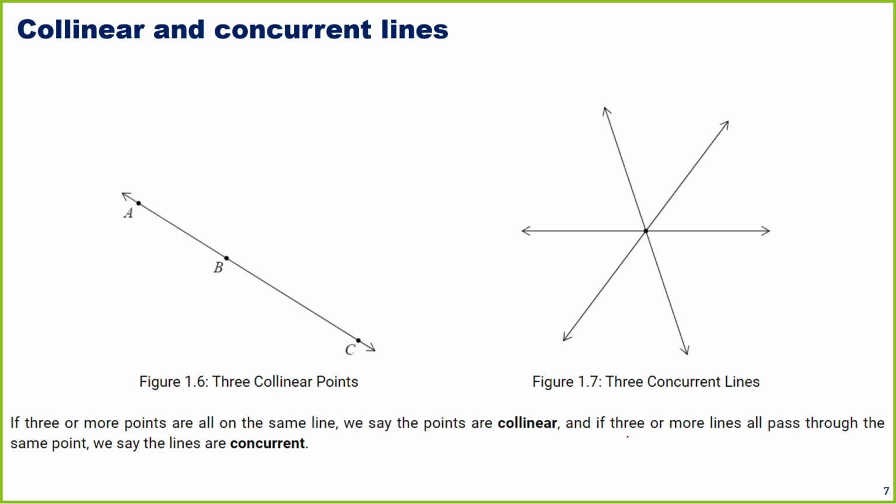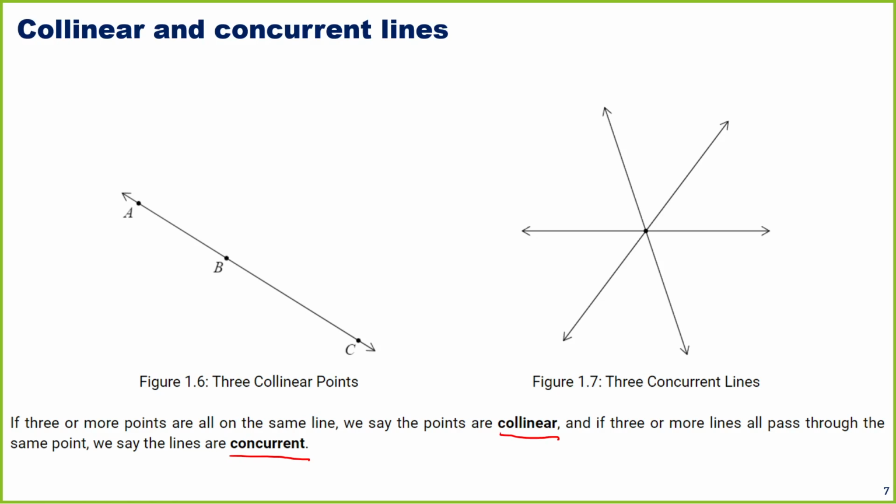And if three or more lines all pass through the same point, as shown here on the right, then we say the lines are concurrent. Okay, there are two trivial concepts. So when we talk about collinear, then you should know collinear means all the points are on the same line.